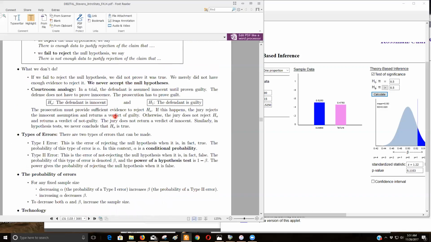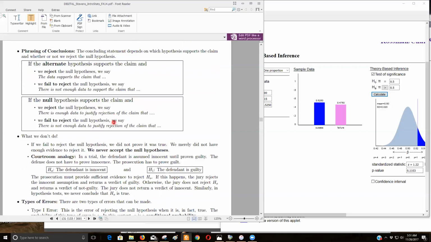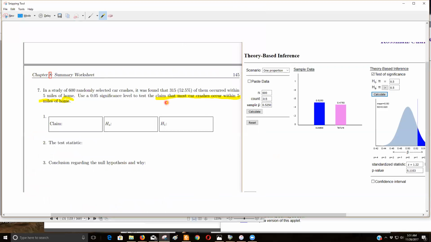Here we go. So the alternative hypothesis supported the claim. Remember that my HA, my H1, was the claim. So we failed to reject the null hypothesis. Dr. Stevens says there's not enough data to support the claim that most car crashes occur within 5 miles of home.